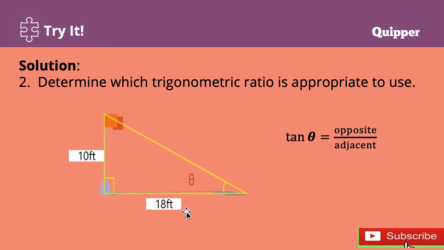So again, the involved sides are opposite and adjacent. So we'll be using tangent theta is equal to opposite over adjacent. We have to observe what are the given sides so that we can determine what trigonometric ratio we are going to use.